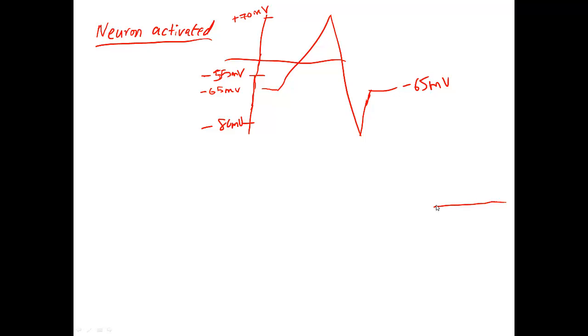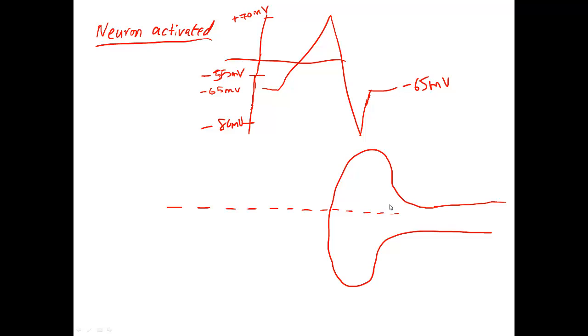So if we take a look at a neuron, and we break it up, now on the top, we're going to pretend these are sodium-specific ion channels.